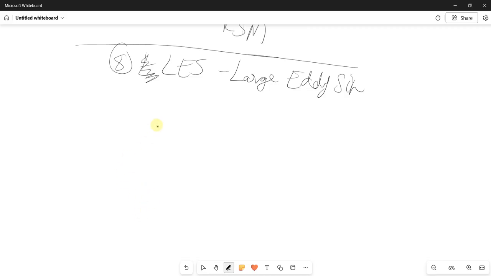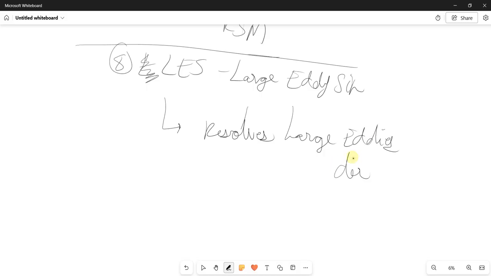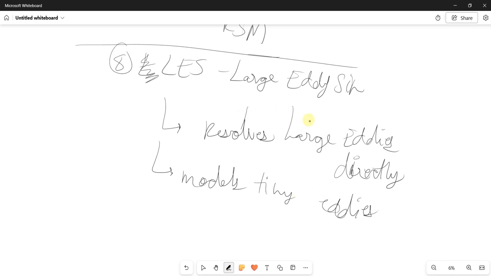So here the solver resolves large eddies directly, in the sense that it solves the equations related to the large eddies, and it only models the tiny eddies to check the behavior.